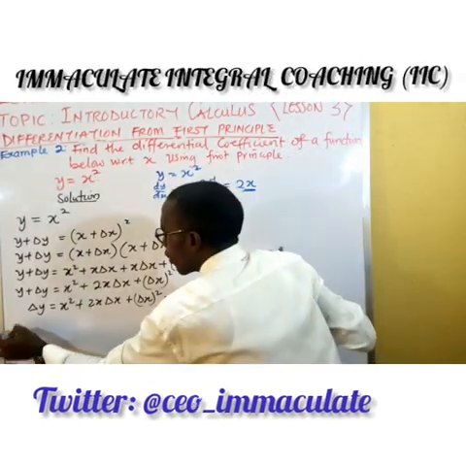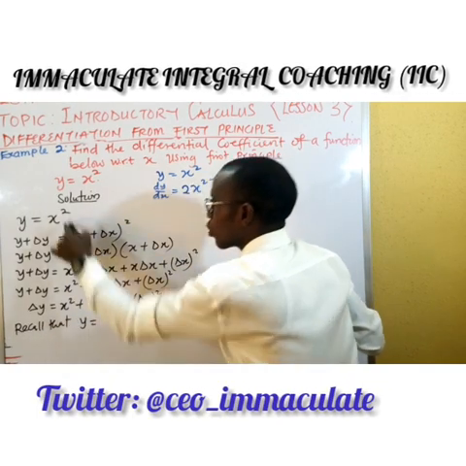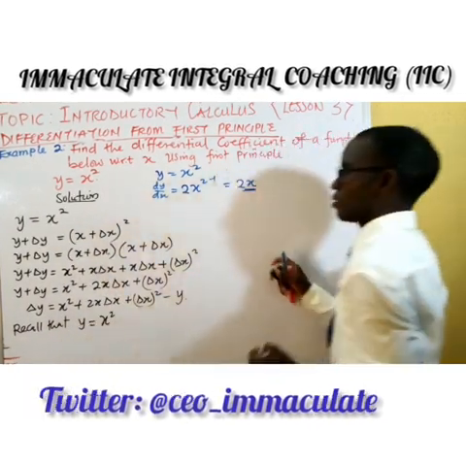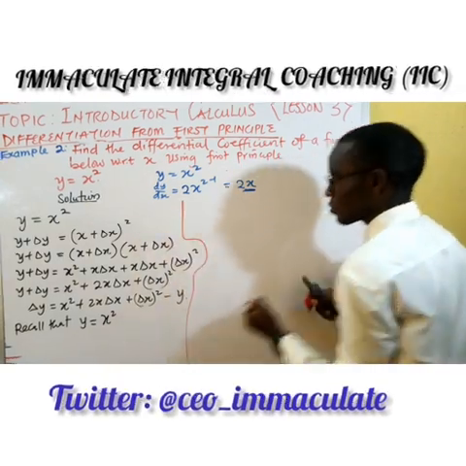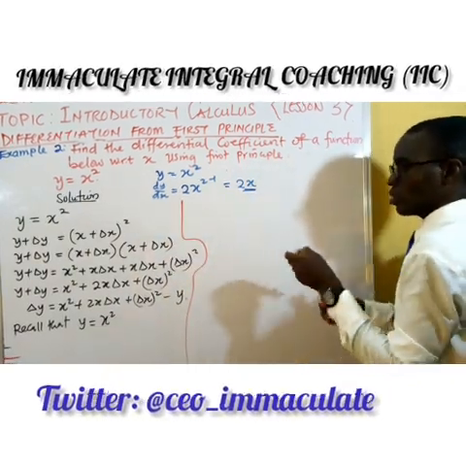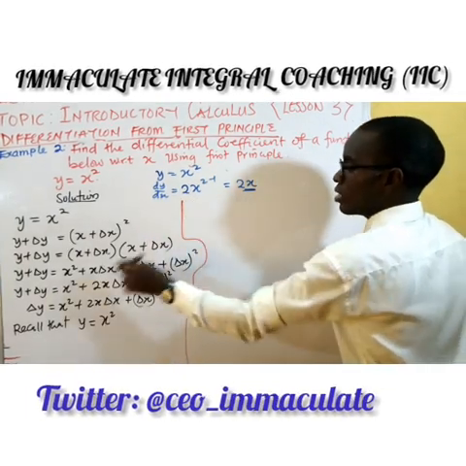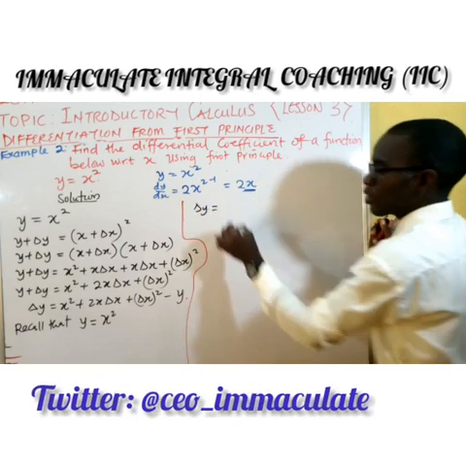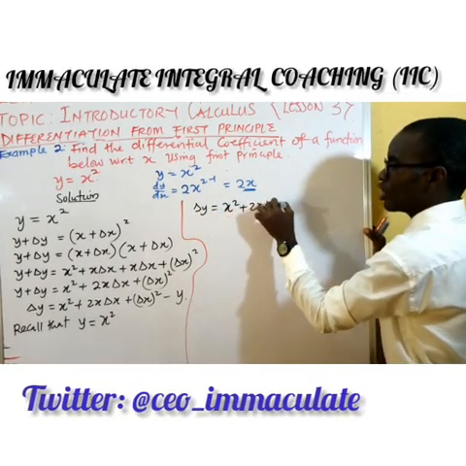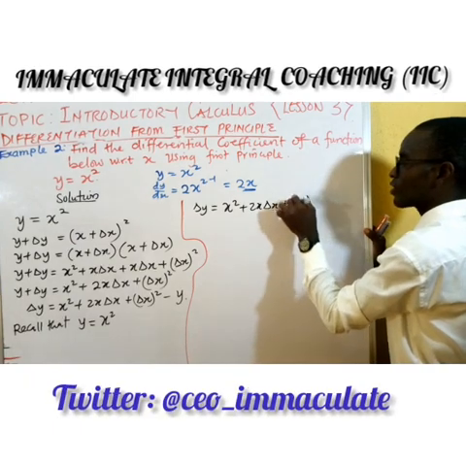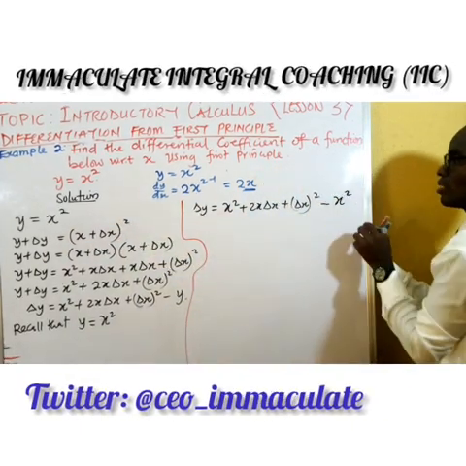Then we recall that our y equals what? x squared. So from here, we now say that δy equals x squared plus 2x δx plus δx squared minus, instead of y, we need to write what? x squared.